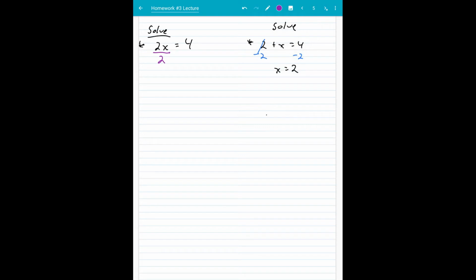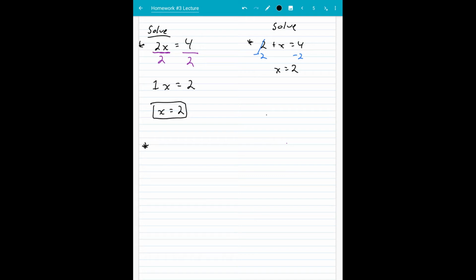I'm going to divide by 2 on one side of the equation, and what I do to one side, I have to do to the other side. 2 divided by 2 becomes 1. That becomes 1x equals 4 divided by 2 makes 2. And then it's redundant. We never put a 1 in front of any variable because it's more stuff to look at. We just write x. So x equals 2. That would be our answer.